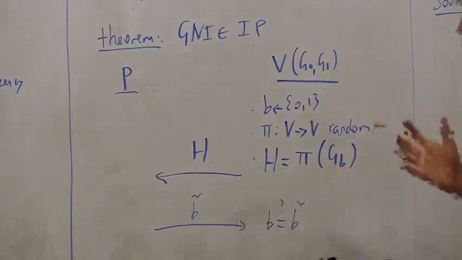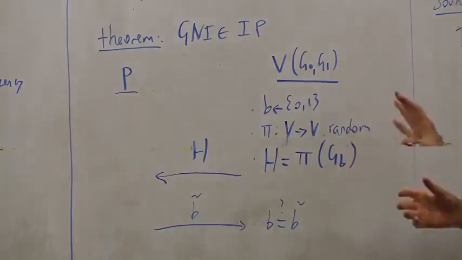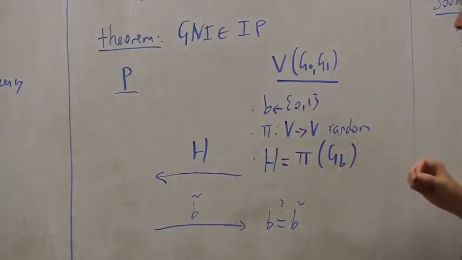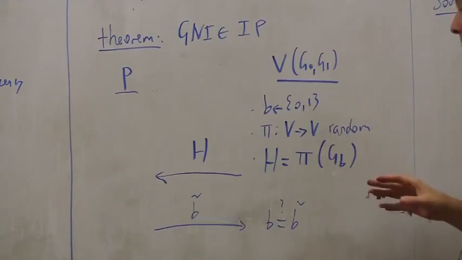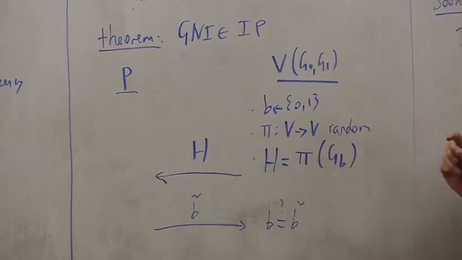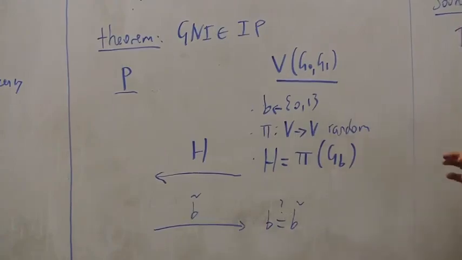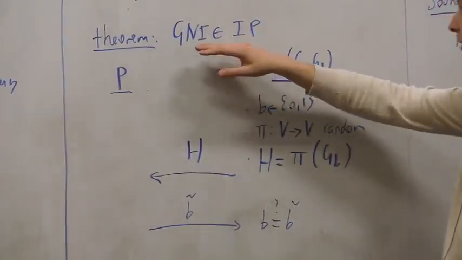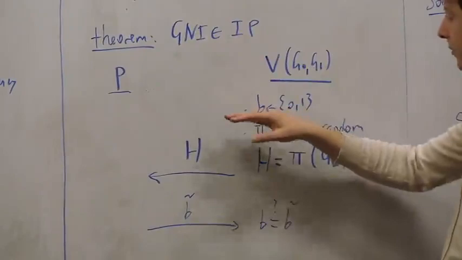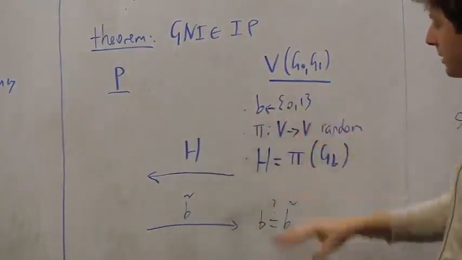But actually, it turns out that this is not essential. There is a much less straightforward protocol, well beyond the scope of this class, using some ideas on universal hashing. That's the subject that we discussed in the lecture on dictionaries. It constructs an interactive proof for GNI where the verifier keeps nothing secret.